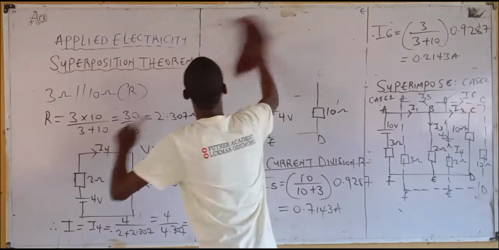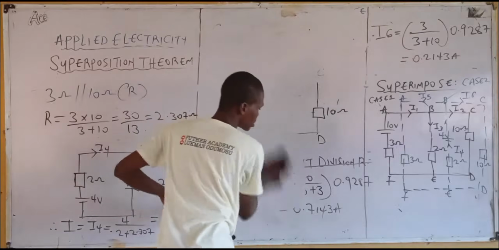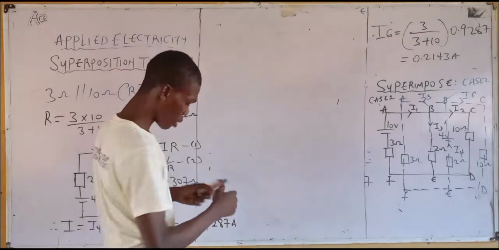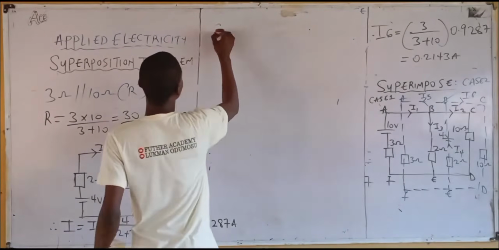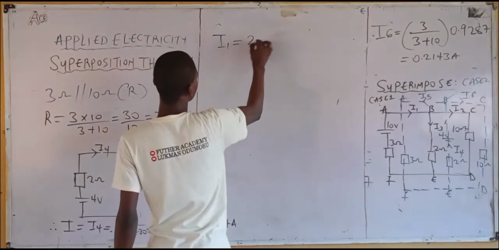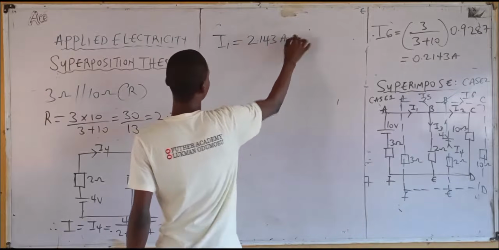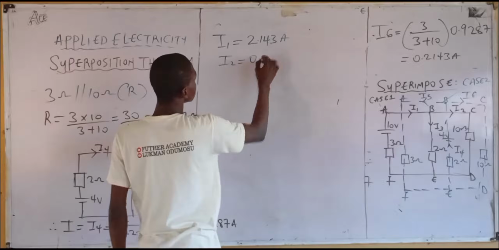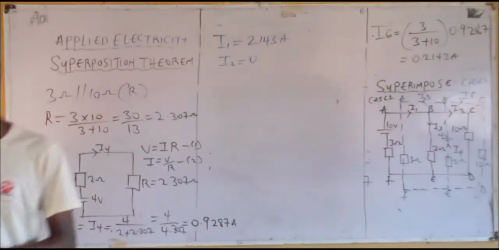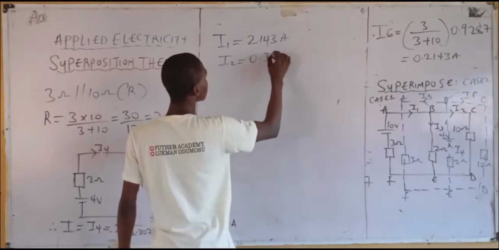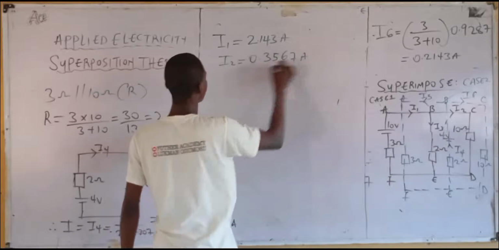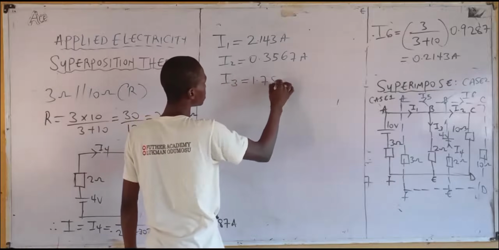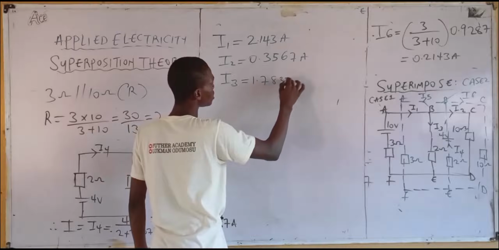Now, before calculating the resultant current in each branch, let's list out all the values of current. What's the value of I1? 2.143 ampere. The value of I2? 0.3567 ampere. The value of I3? 1.7833.